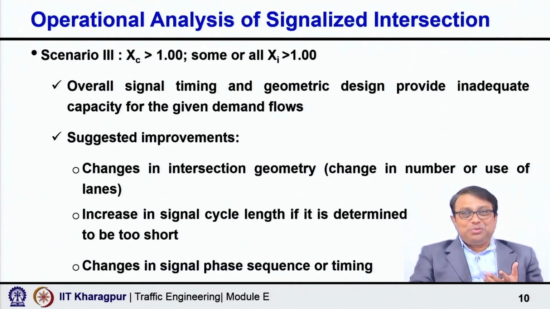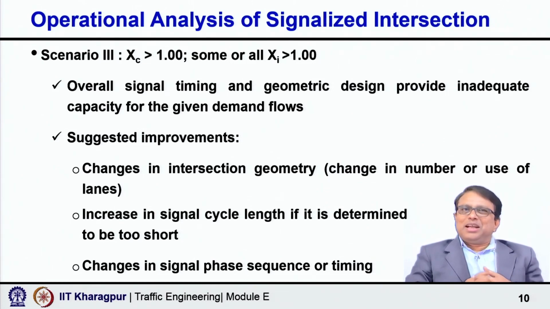Now, another possible scenario, probably the worst, could be x is greater than 1 and some or all xi also greater than 1. So, you now have a problem with the overall intersection capacity and a few or all individual lane group capacity. That is a real problem.